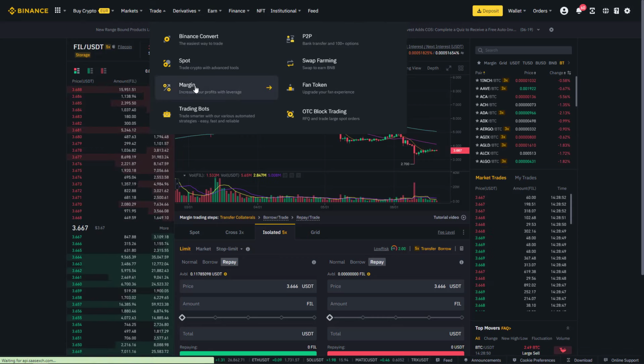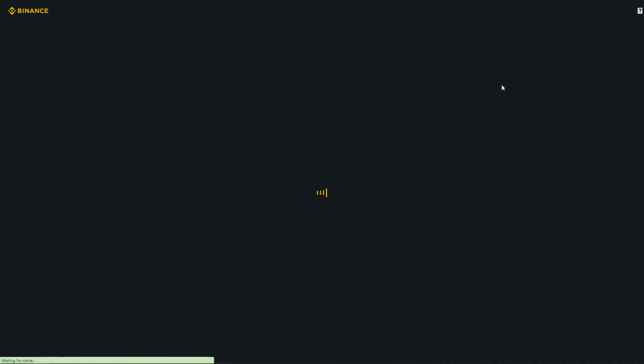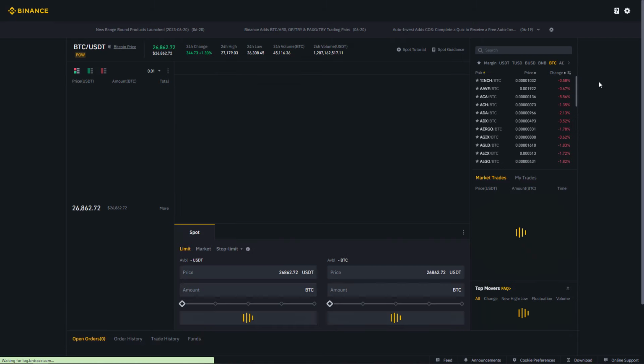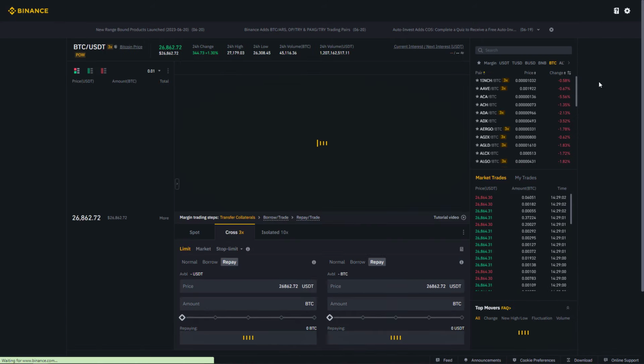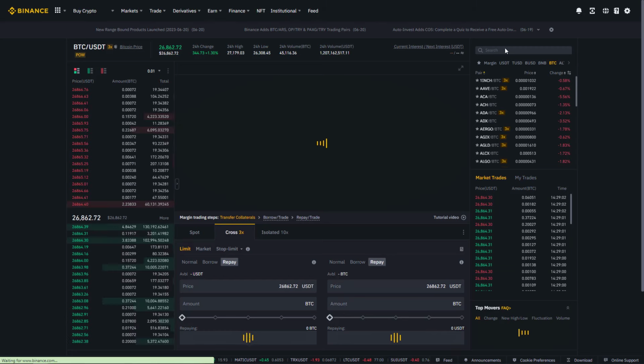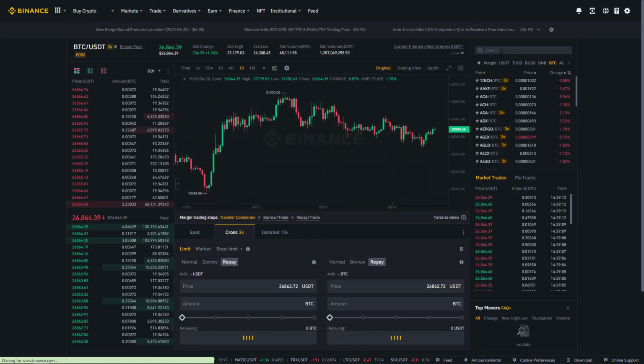I've already done that, but for those who have not, you can go to the margin and there's going to be a short questionnaire that you have to go through to pass that so that you can open up a margin account. Now once you do that, then you can short sell.